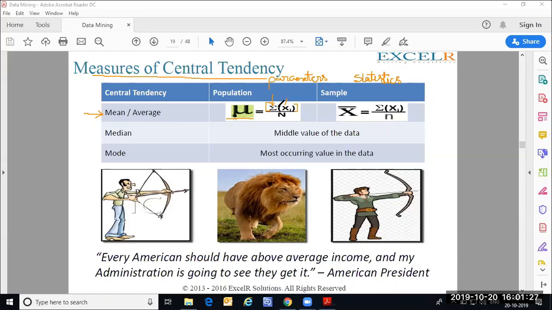First sum all the values, divided by the total number of values. The total number of population values is called the population size, which is always denoted by capital N.